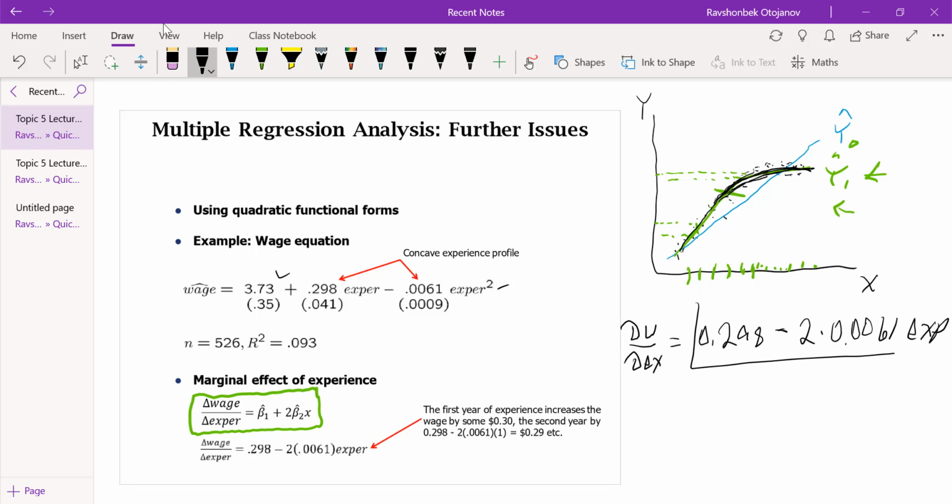So this will be our new formula for interpreting the marginal effect of experience on wages. In other words, the effect of experience on wages depends on the initial amount of experience. In this case, what if it is a different variable than the initial value of x here? So let's do this exercise quickly. Let me just clean this.